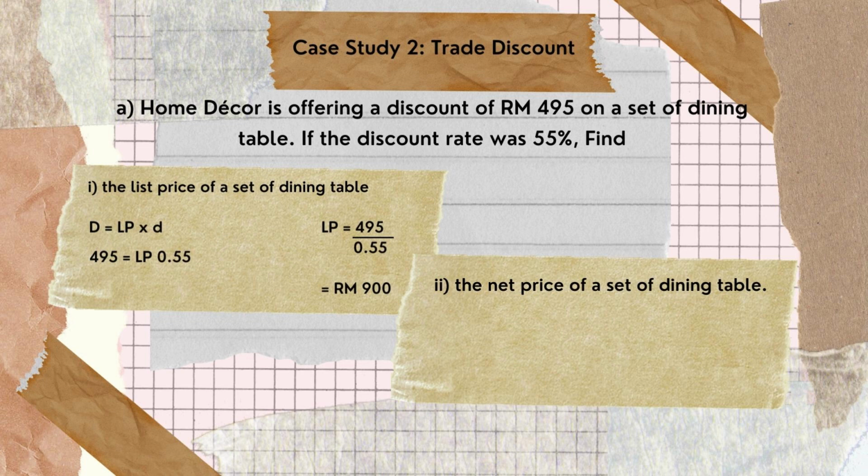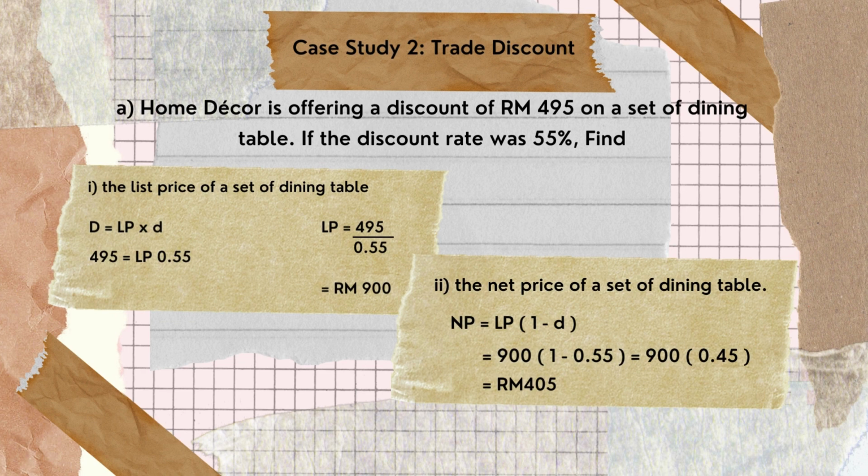Given the list price of RM900, trade discount 0.55. The formula is net price equal to list price times 1 minus trade discount. You may fill in the numbers based on the formula given, which is 900 times 1 minus 0.55. Then the final answer that you will get is 405 ringgit.